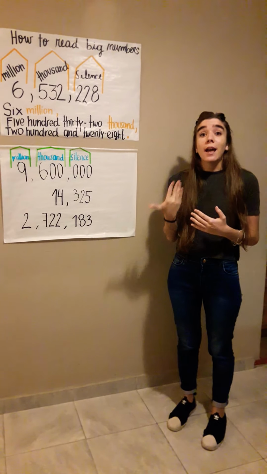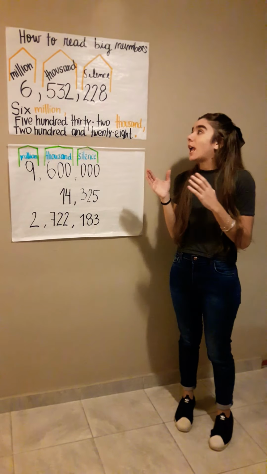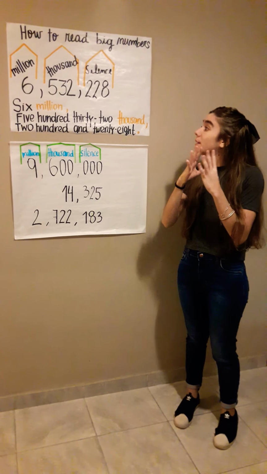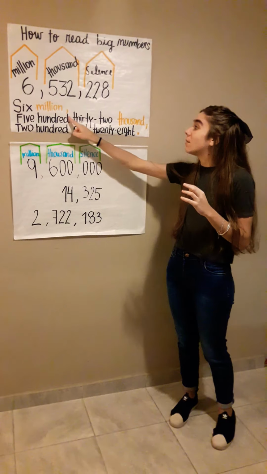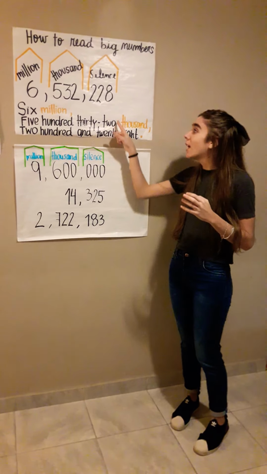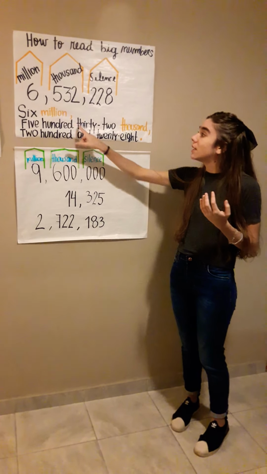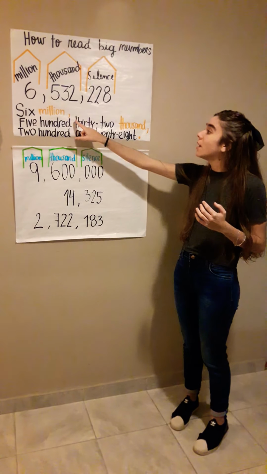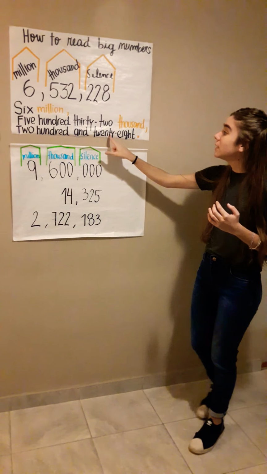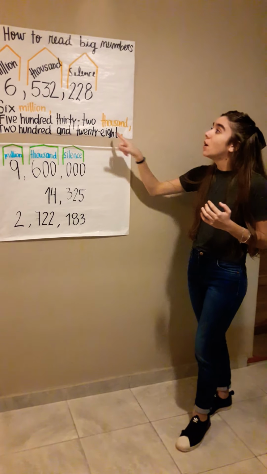Remember that when we don't have a round number, we have to write the number with a hyphen. So we're going to say 30-2 or 20-8. Why?